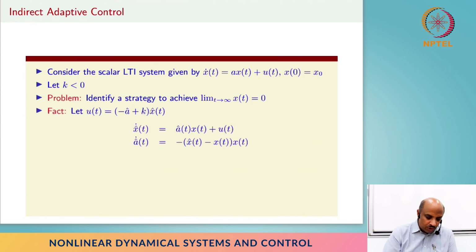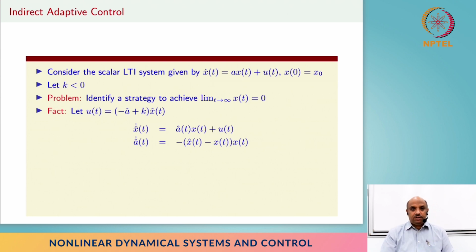So what we are saying here is I'm going to pick my u of t to be minus a hat plus k times x hat of t, right? What is the logic behind that? A hat perhaps is going to be equal to a, and then that part is going to be cancelled, and k is less than 0, k times x. So I'm going to get x dot equal to minus kx, or sorry, plus kx, where k is negative.